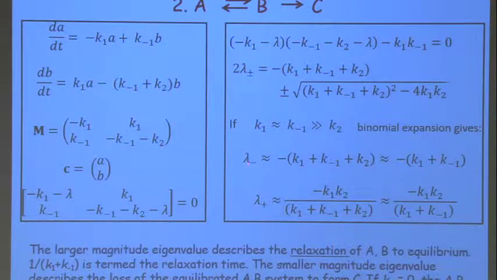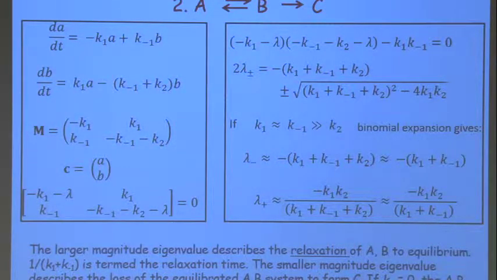So k1 is approximately equal to k minus 1, which is very much less than k2. And then we can do a binomial expansion of this quadratic, and we get lambda minus, the bigger of the two, is minus (k1 plus k minus 1 plus k2).